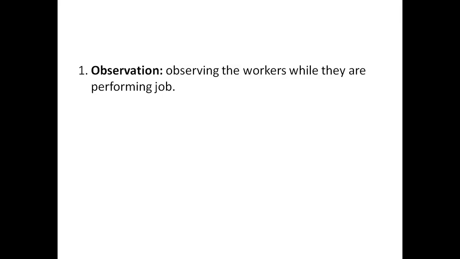So, it is necessary for the job analyst to remain as unobtrusive as possible. Also, they should observe a representative sample of workers and make observations at various times throughout the workday to take account of changes caused by factors such as fatigue.